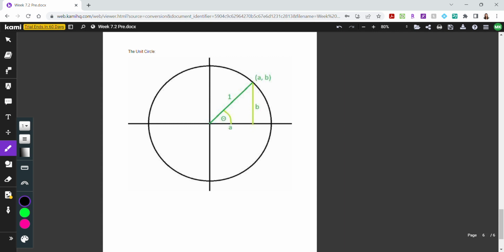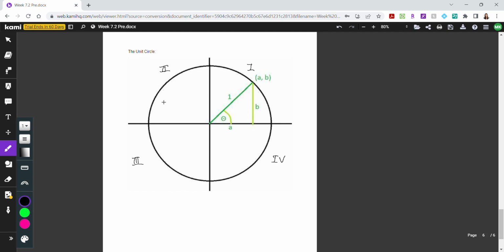We have the unit circle. With the unit circle, questions essentially ask you which quadrant an angle is in, or where it would be positive. And here's why. We have quadrant 1, quadrant 2, quadrant 3, and quadrant 4.